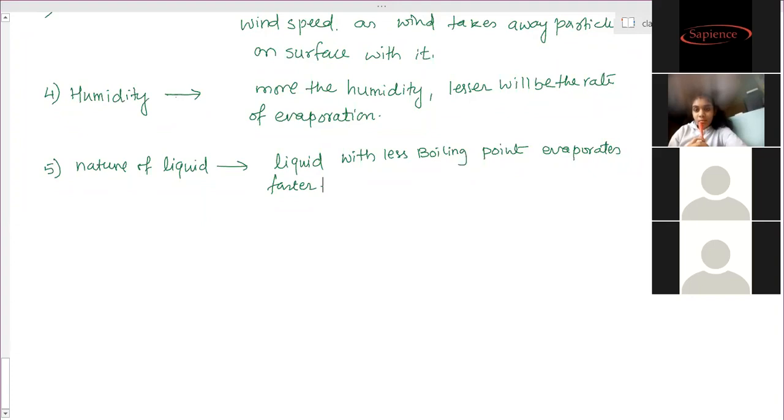A large amount of heat energy is used for the evaporation of ether. Due to the large amount of heat lost, that part becomes numb, senseless, because neurons cannot work at very low temperature.